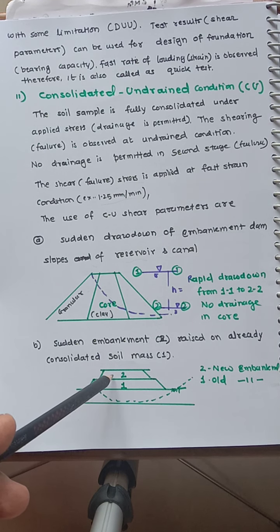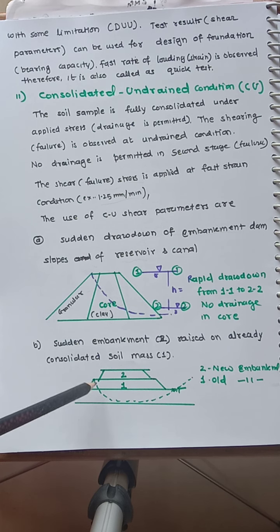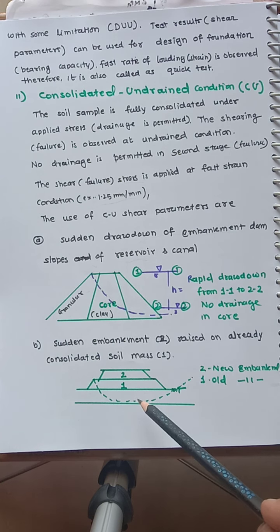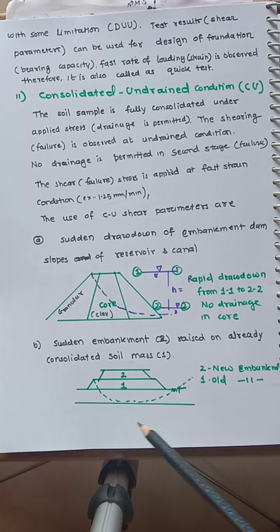So what happened? Because of the fast application of load, the pore pressure developed is very high. The rate of loading is faster than the rate of drainage of water. So this part is already consolidated, but with sudden application of load it may possibly fail.